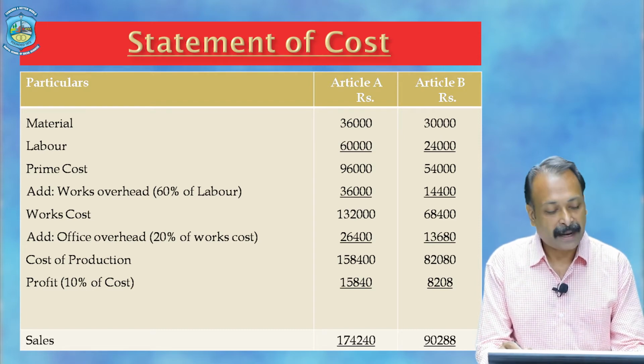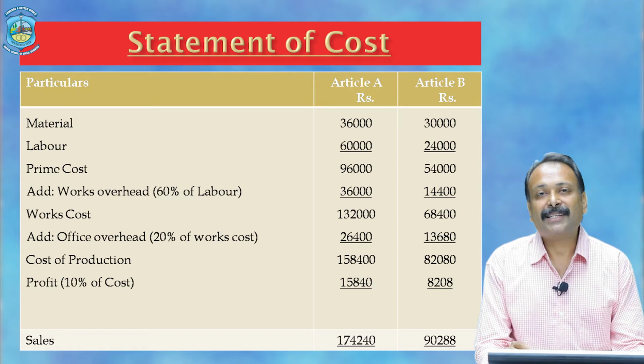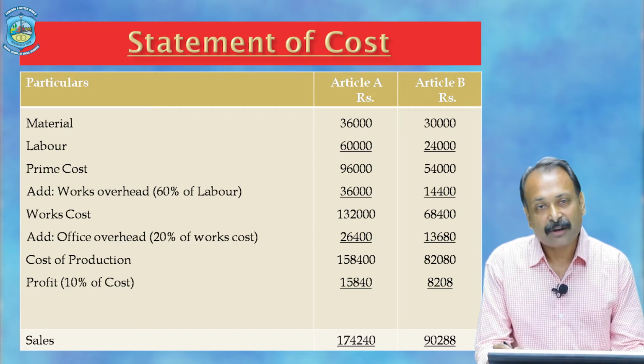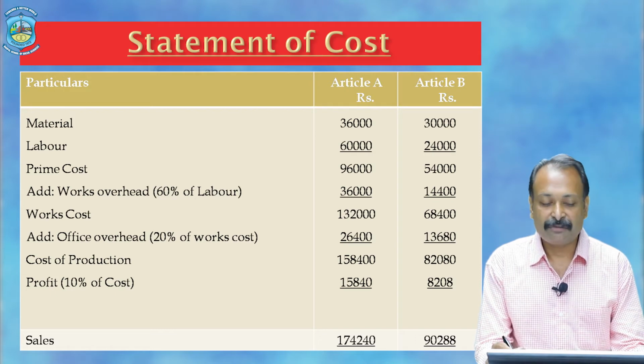We know that in prime cost we have to add works expenses or works overhead or factory expenses or factory overhead, which in this question is given as 60% of labor. So for article A, labor is 60,000, 60% of 60,000 is 36,000 rupees. For article B, labor is 24,000, 60% of 24,000 is 14,400.